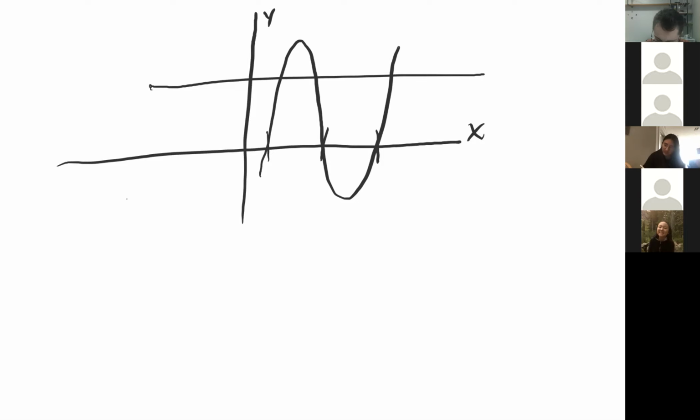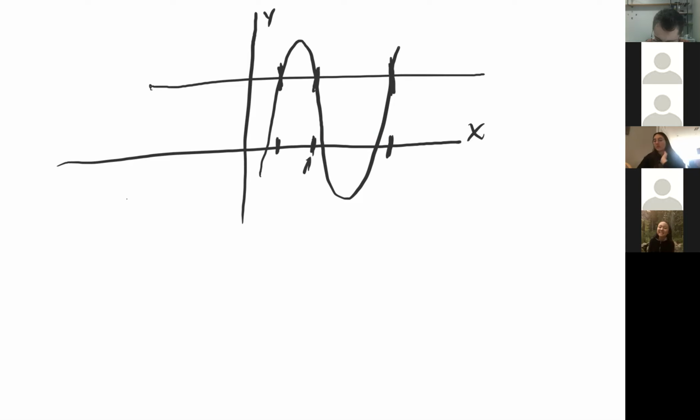Oh, sorry, those are just the intercepts. But what I meant to draw was, so this point gives you this y value, and the y value you can also get from this point, and you can get it from this point as well, okay?